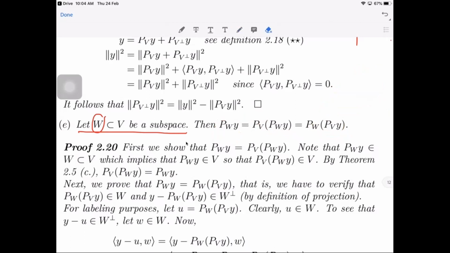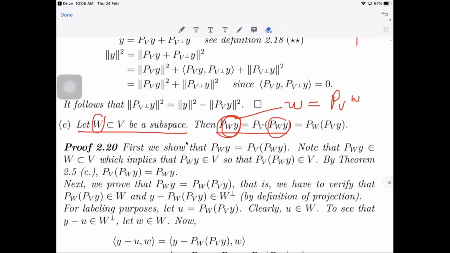So, first we show that this vector, let us call it W, is the projection of Y onto V. So this W is actually the projection of W onto V. Okay.